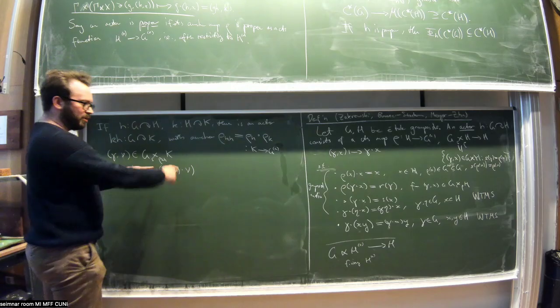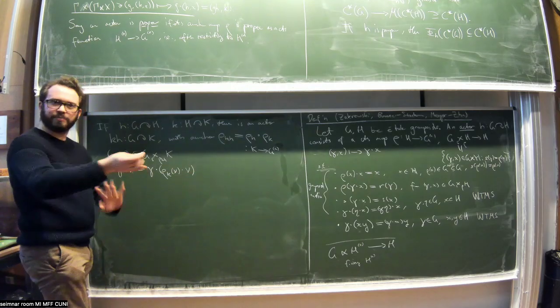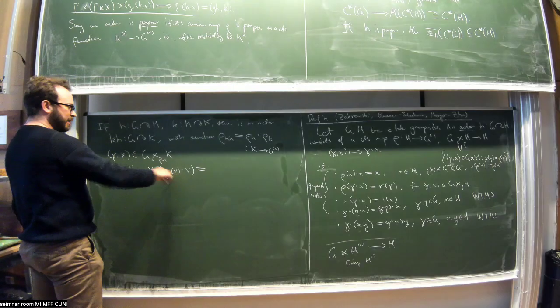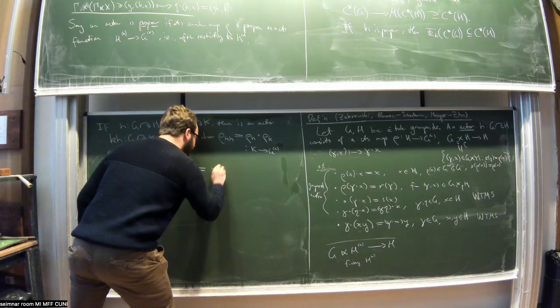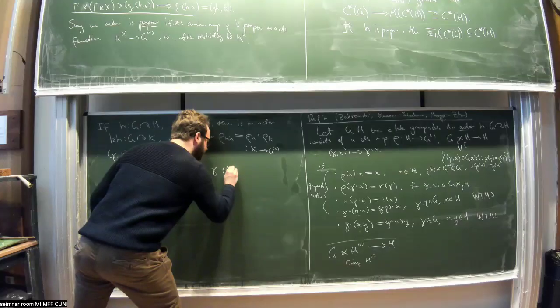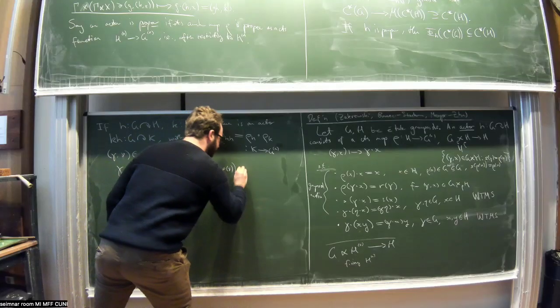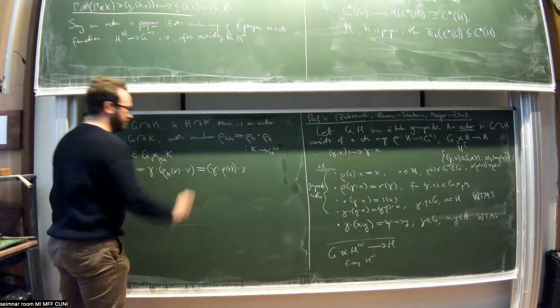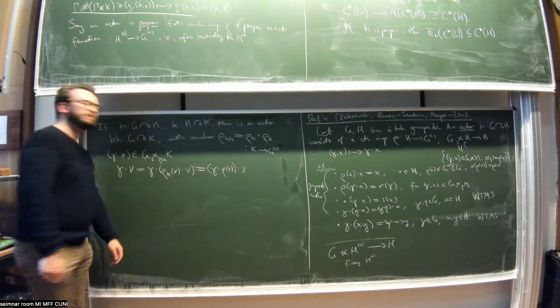And then I also need to be able to shuffle brackets around, presumably. And this is an element of H that I can act on with gamma. I just take that as the definition.